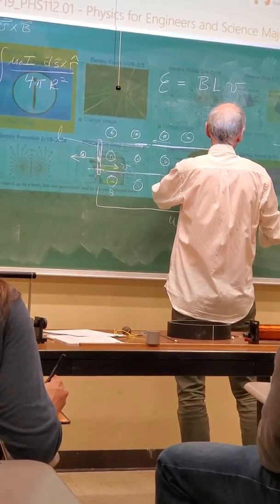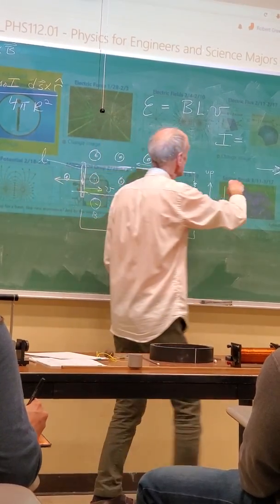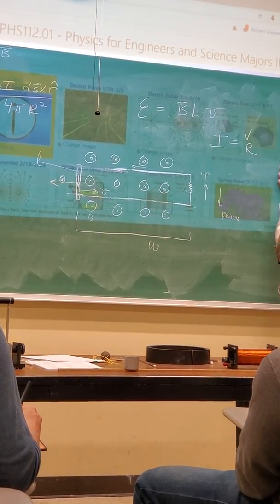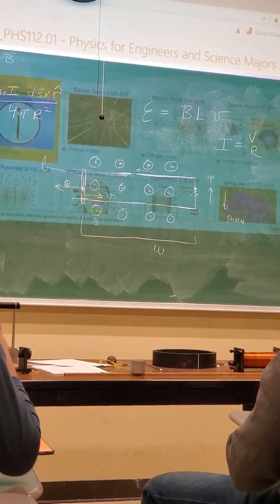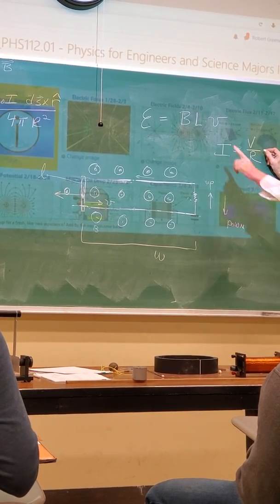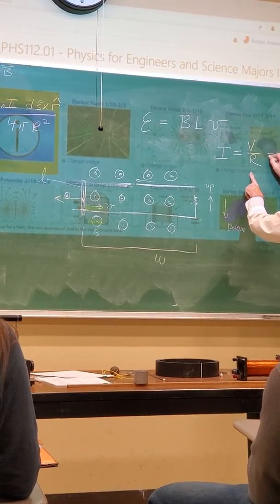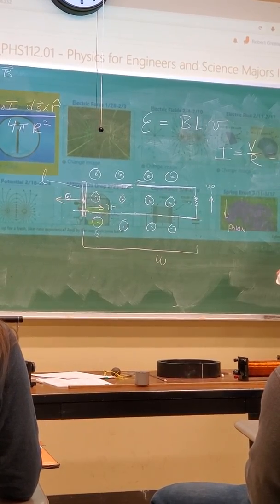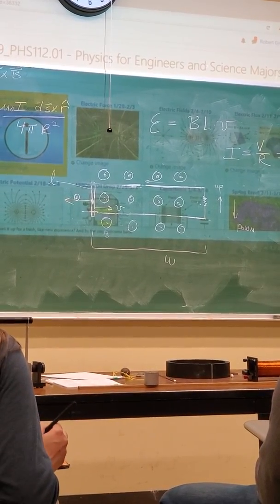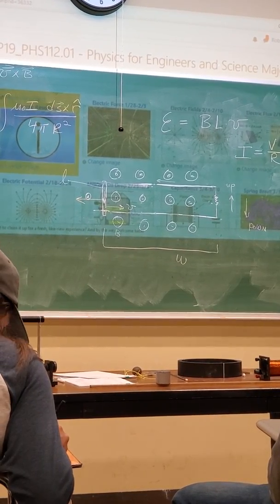So what's the current then through the resistor? It's going to be the voltage divided by the resistance. And what's the voltage? There's the EMF, same thing. So the current for this situation will be BLV divided by the resistance. That gives you the current you're going to get. And so what's the power output?